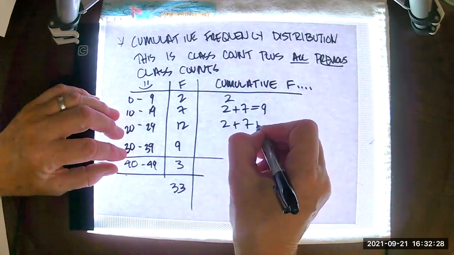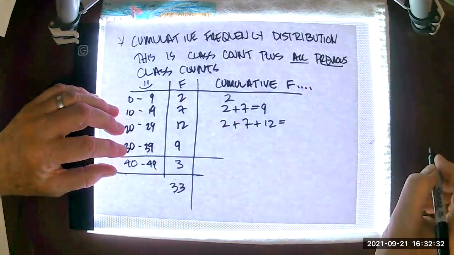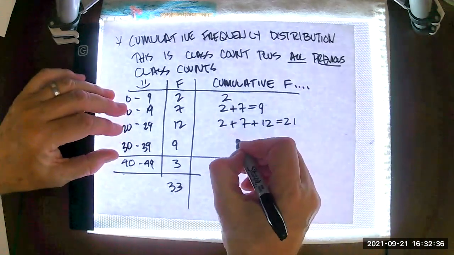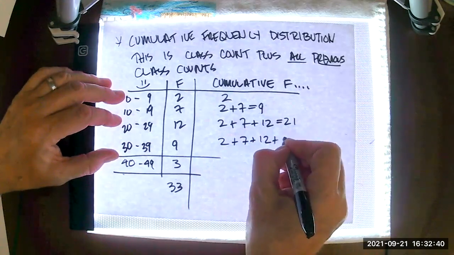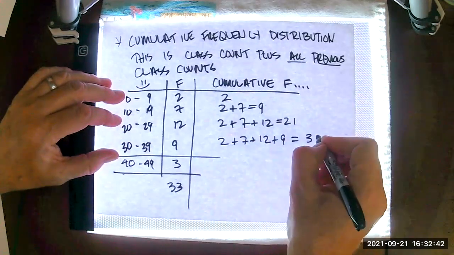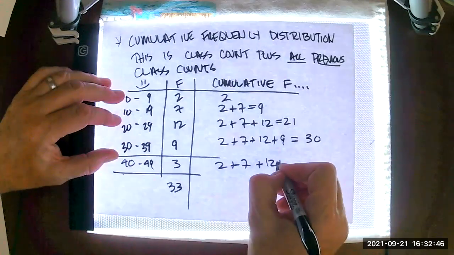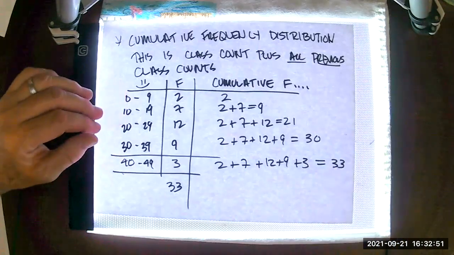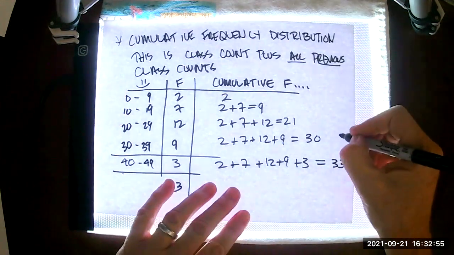Then 2 plus 7 plus 12 equals 21. Then we'll have 2 plus 7 plus 12 plus 9, which is 30. And then finally, 2 plus 7 plus 12 plus 9 plus 3, or 33. So those are the cumulative frequencies.